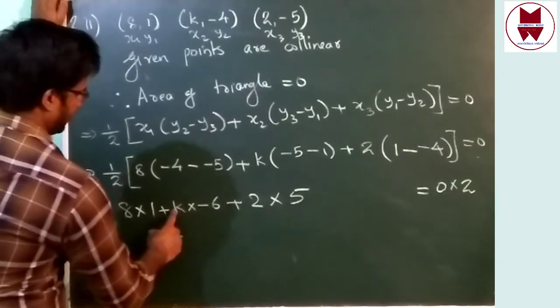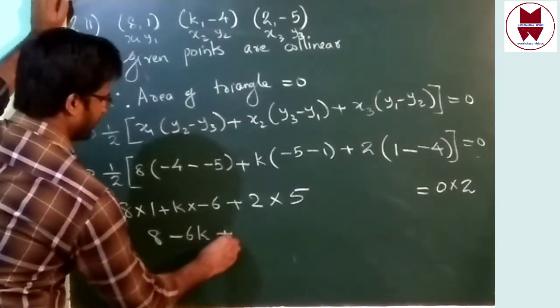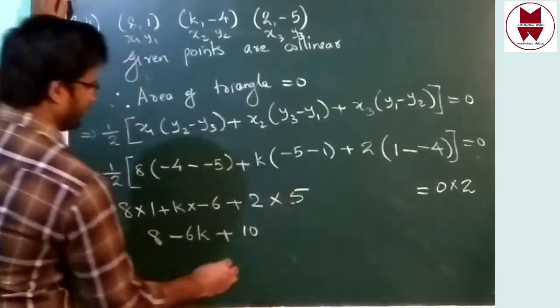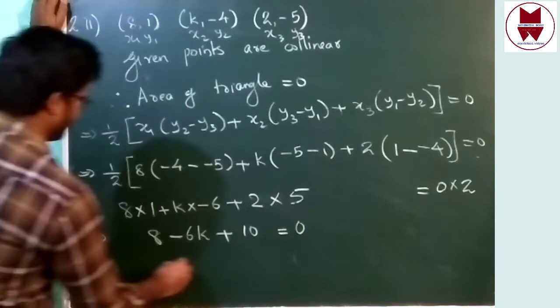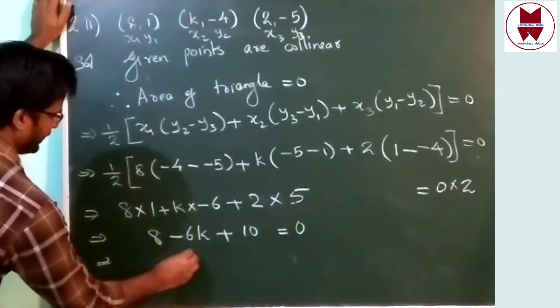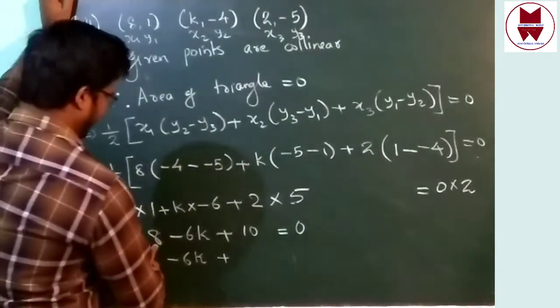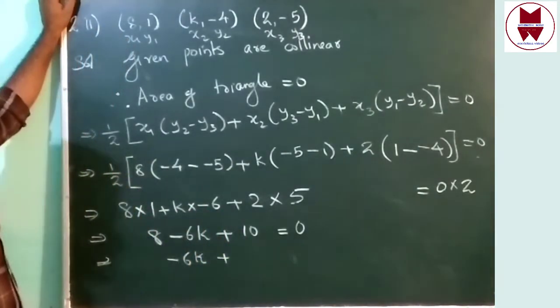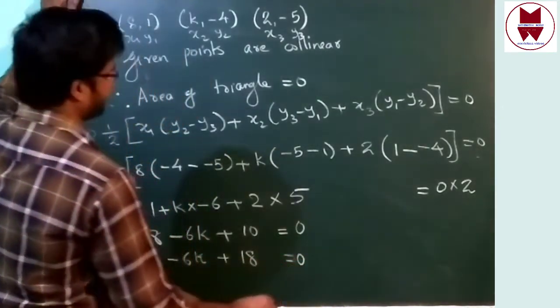Then k into minus 6. We can write minus 6k, plus 2 into 5, 10. Equal to right side 0 into 2. You will get 0. Minus 6k plus 8, 10. 8 plus 10, 18. Equal to 0.